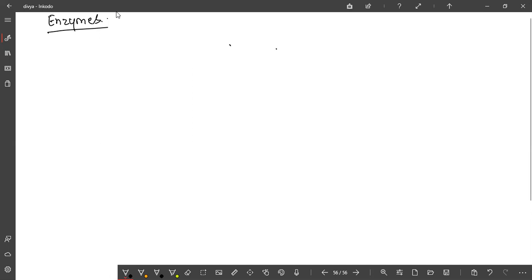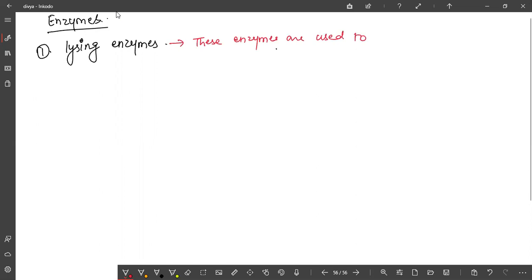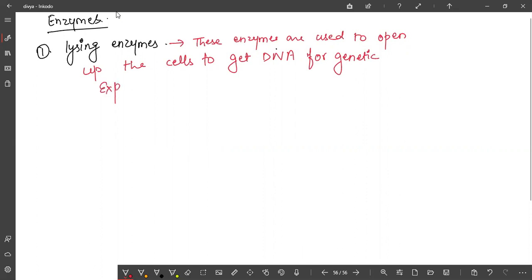First, we will discuss lysing enzymes. Generally, these enzymes are used to open up the cells to get DNA, for genetic experiments.